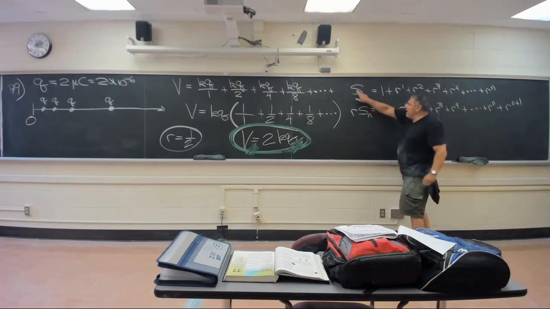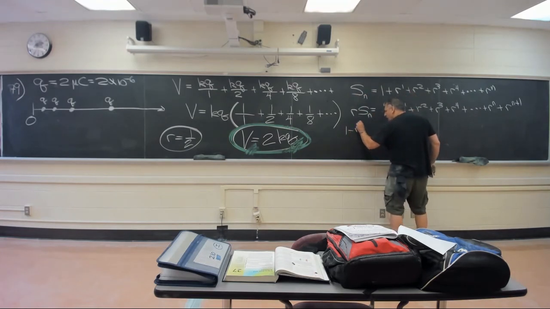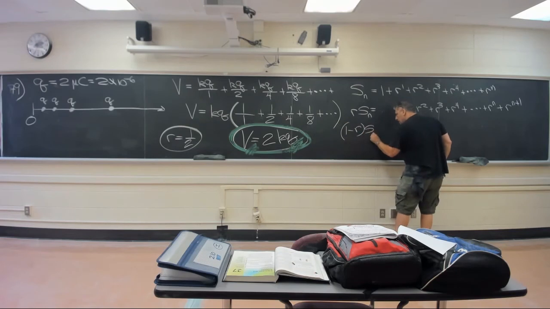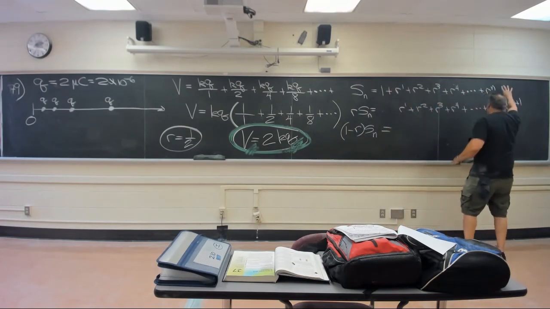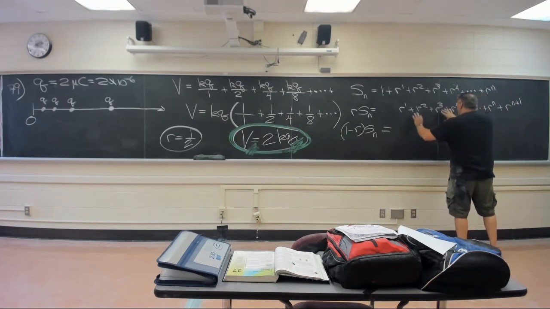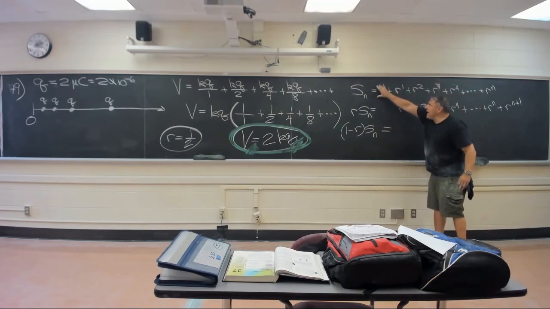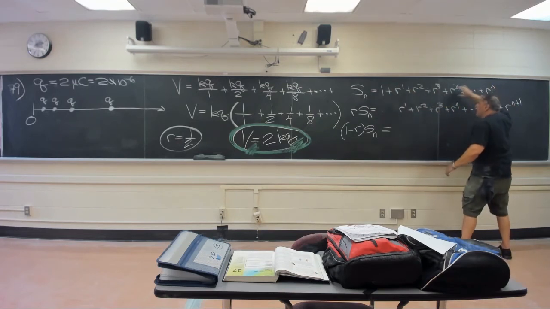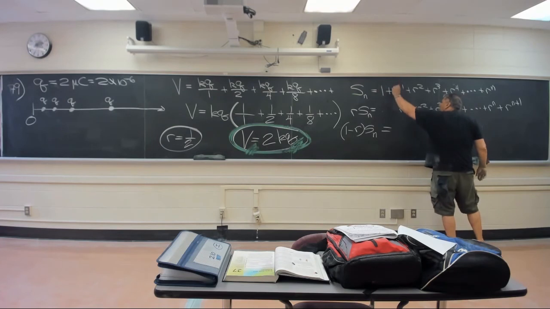If you take this and subtract that from it, you got 1 minus r times s sub n. If you take this whole mess, and it can be very, very long, and then take all of this, and subtract all of that, all of these go.